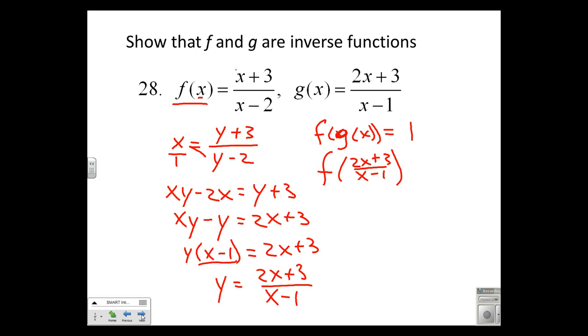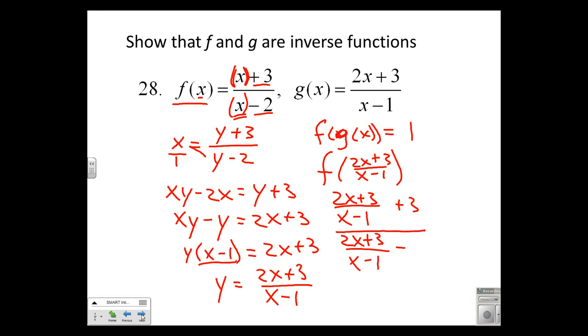F is a factory that puts things here and here, so that would be 2x plus 3 over x minus 1, still plus 3, over 2x plus 3 over x minus 1 minus 2. And that hopefully ends up equaling x. We'd have some cleaning up to do, and as I said, I'm going to leave that for the viewer.